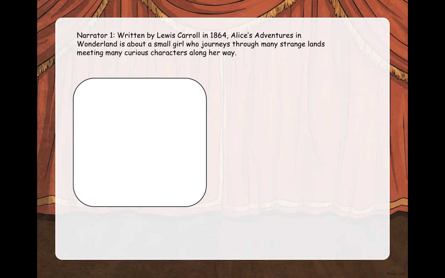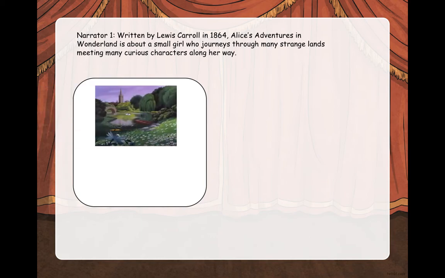So to begin with, you could have some information at the beginning, written by Lewis Carroll in 1864. Alice's Adventures in Wonderland is about a small girl who journeys through many strange lands, meeting many curious characters along her way. So in frame one, we'll have the setting.